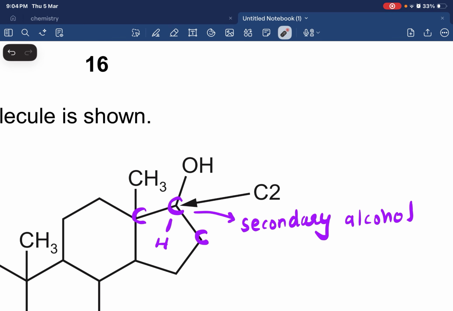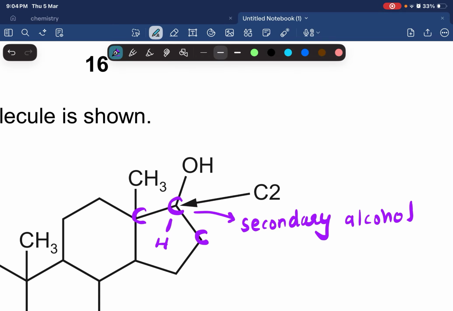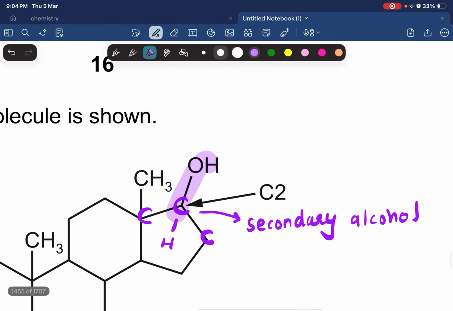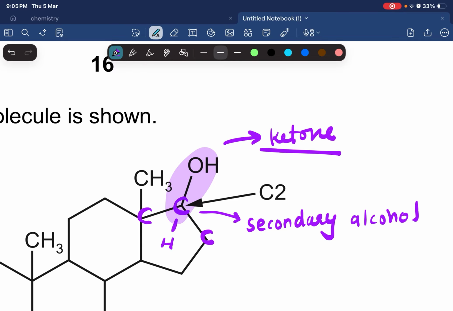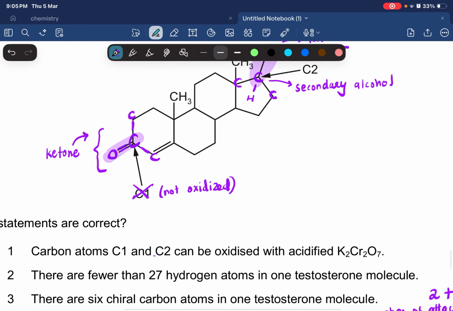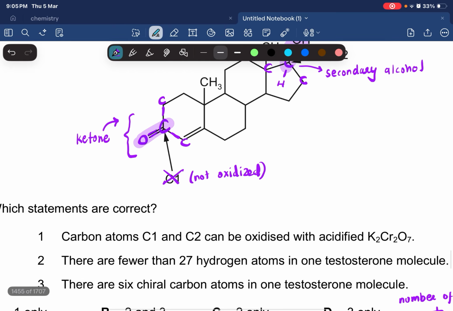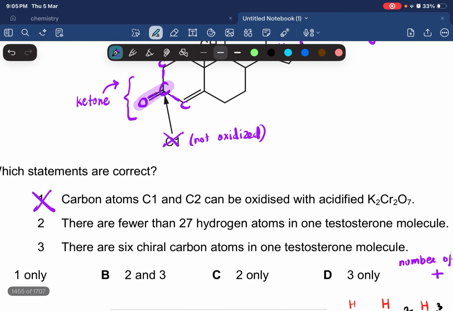Are secondary alcohols oxidized or not? Yes, they are oxidized. So this can be oxidized to form a ketone. Secondary alcohols are oxidized to ketones, primary alcohols are oxidized to form aldehydes or carboxylic acids. So carbon atoms C1 and C2 can be oxidized? No, only C2 can be oxidized, not C1.